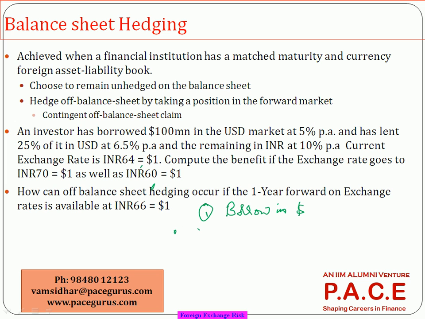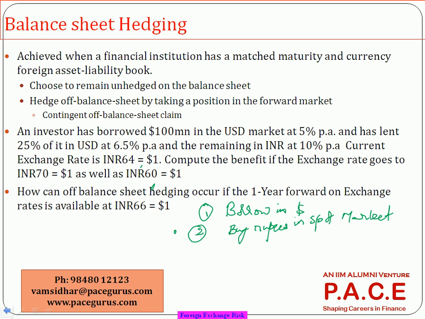Using that much money, dollars, buy rupee in the spot market. Which means at the current 64 itself, I'll buy rupees worth whatever dollars I have taken, $175 million or whatever it is. For that amount, I am trading in the Forex market where I am going long on rupee in the spot market.